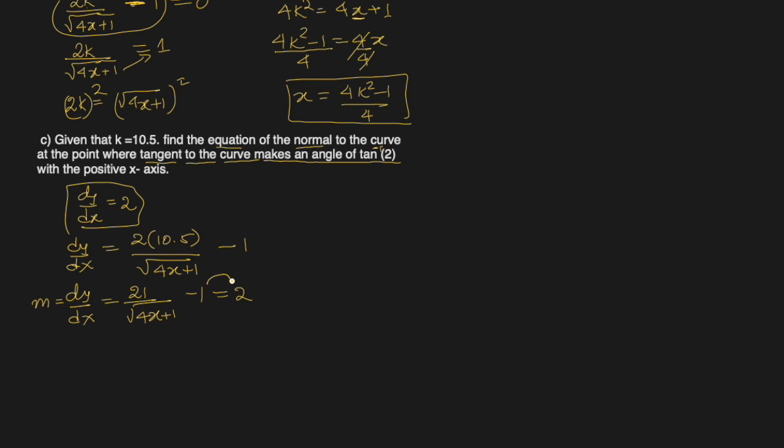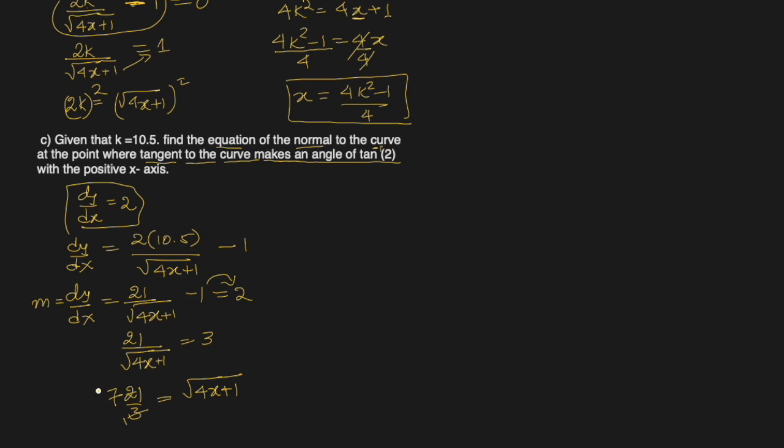So this minus 1 can come here, so 21 over square root 4x plus 1 is equal to 2 plus 1, 3. So let's cross multiply 21 over 3. This 3 will go down and square root 4x plus 1 will come up. So what do we get here? 7. 3 times 7 is 21.